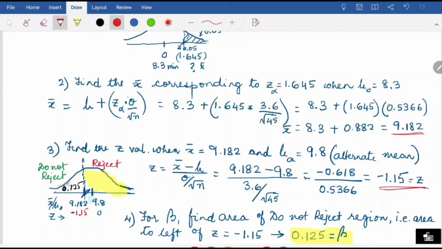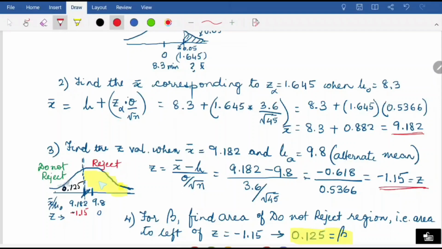And then we see where the x bar value that we found from step 2 now lies in our new diagram after replacing the center point with 9.8, a mean waiting time of 9.8. And we see that the z value is negative 1.15.